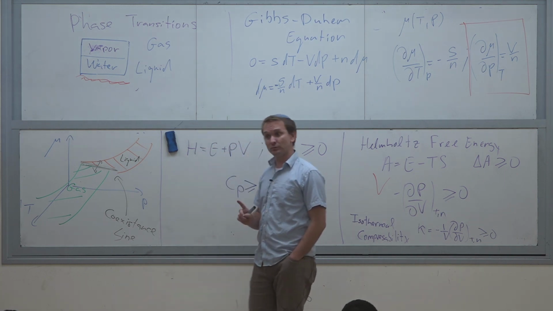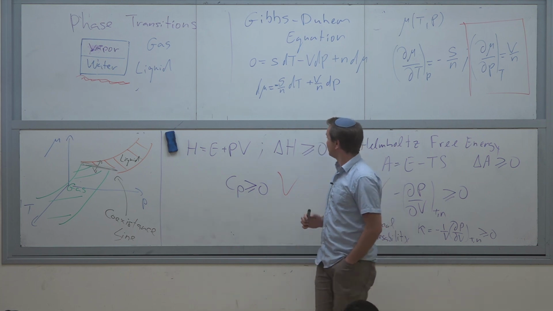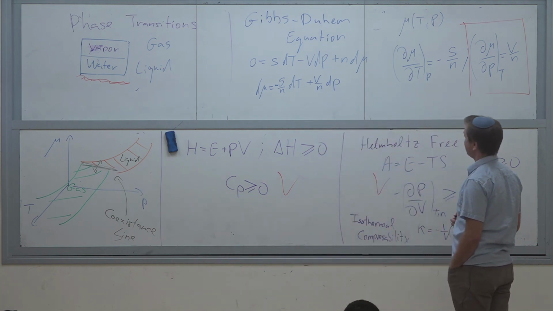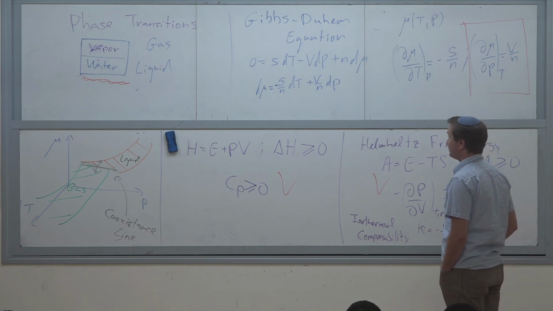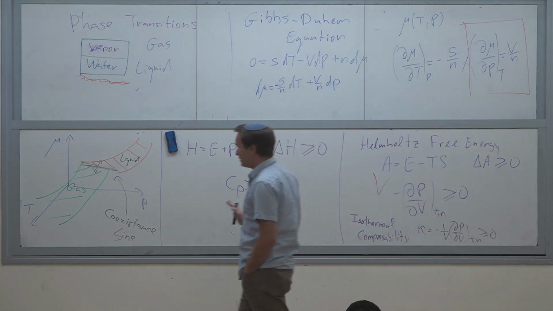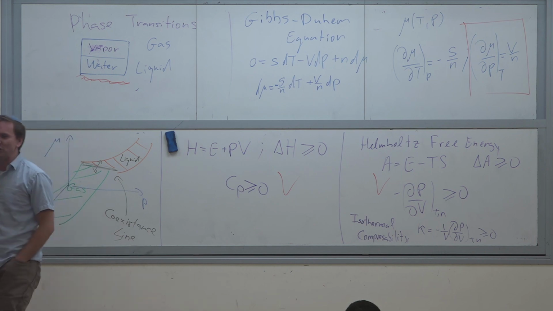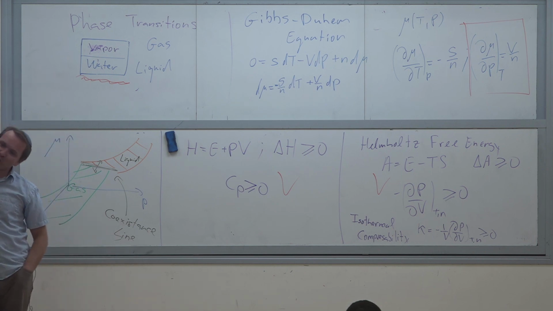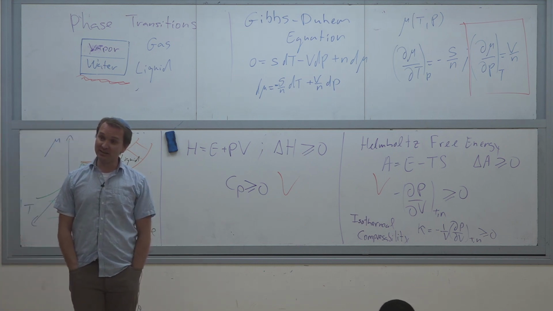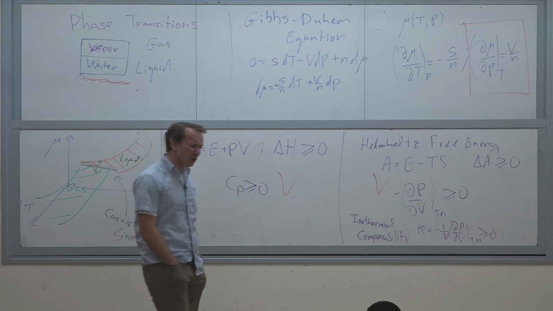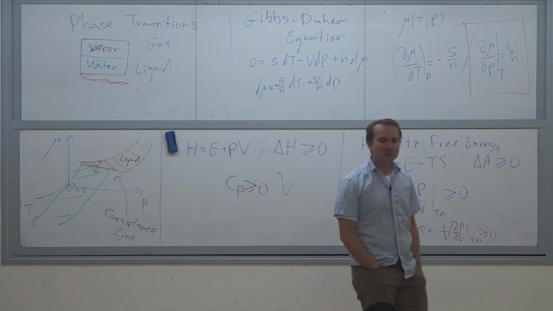But I can see in this equation that if the mu is 0, the derivative should grow by the same amount. It depends on what you exactly change, right? You can keep the pressure constant and change the temperature, or the other way around. They are not exactly the same, and we will see this.